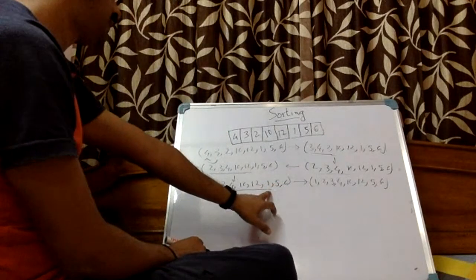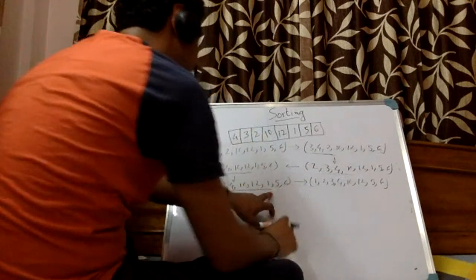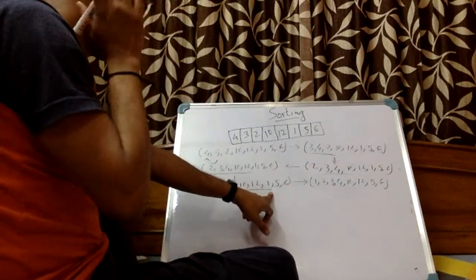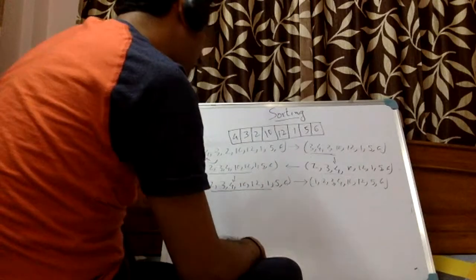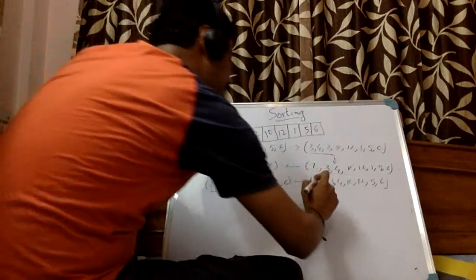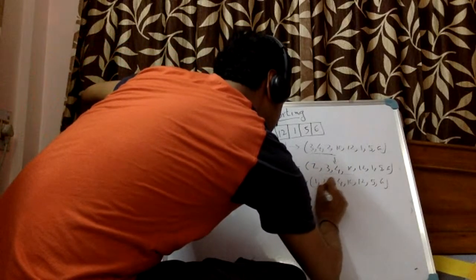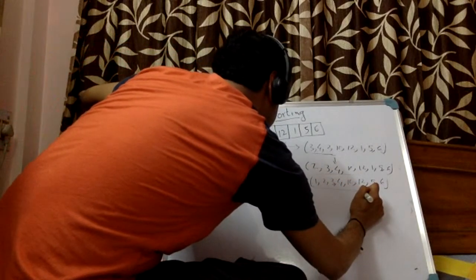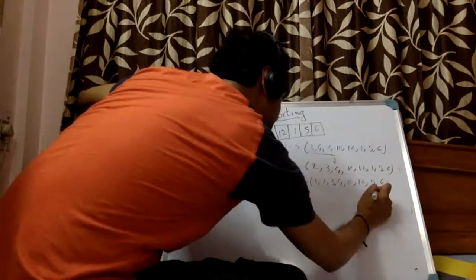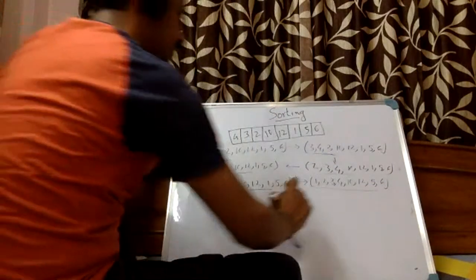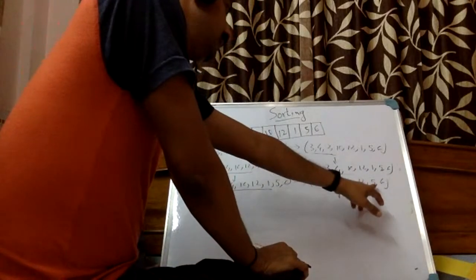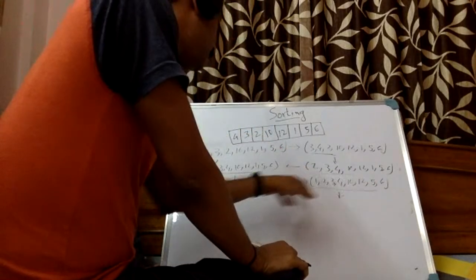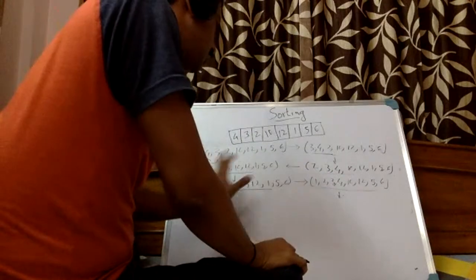Okay, I have done this step. I have done up to this, right? So what I have to do now? I have to take up to this. So now you can see I have the next value after 12. I have taken 1, which is already sorted.